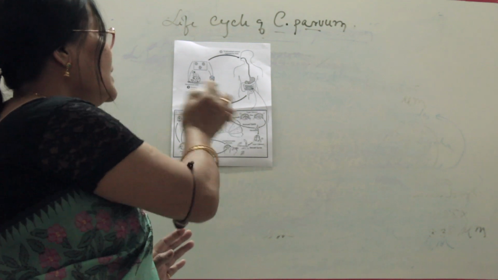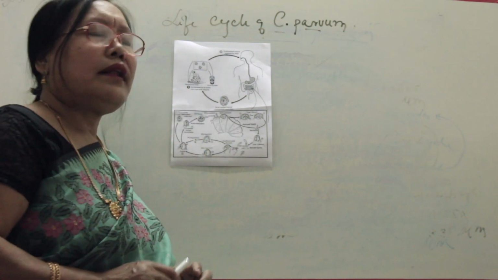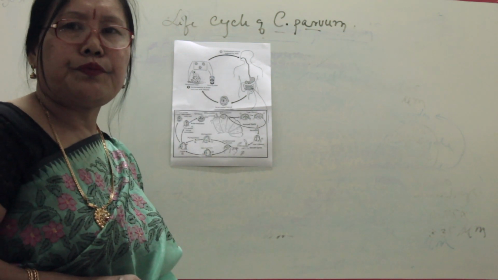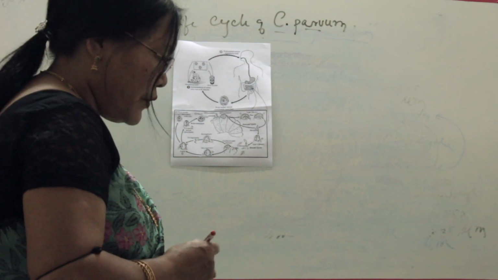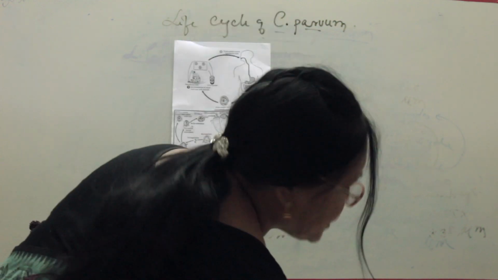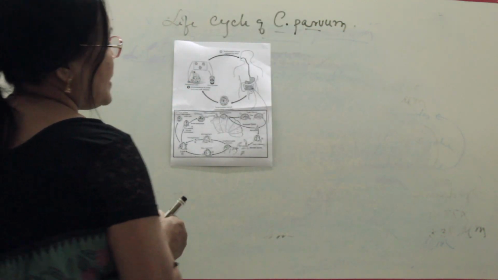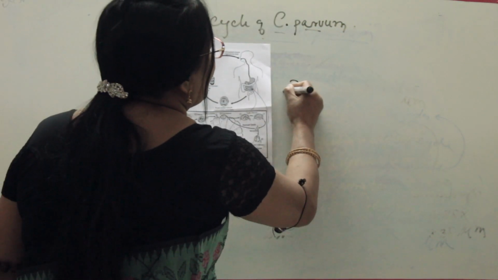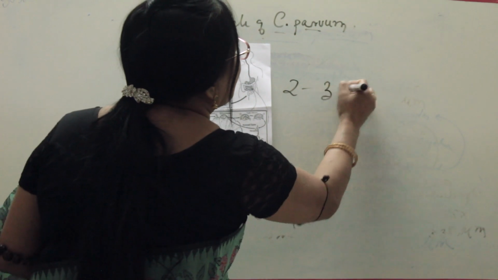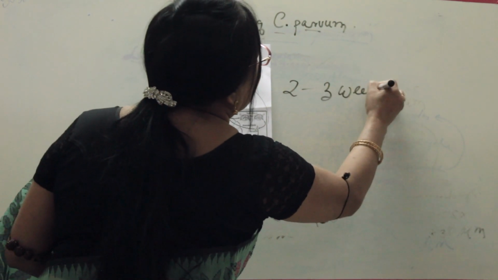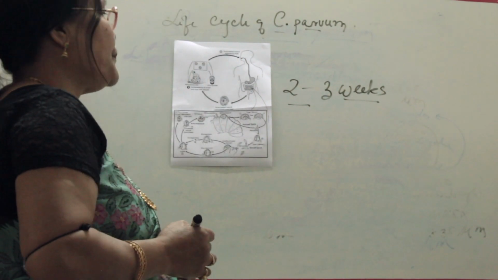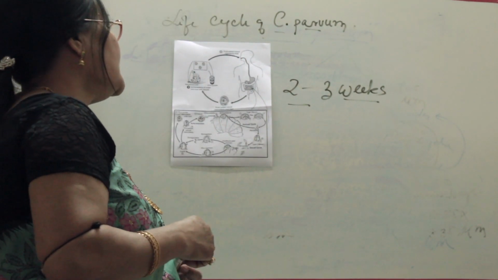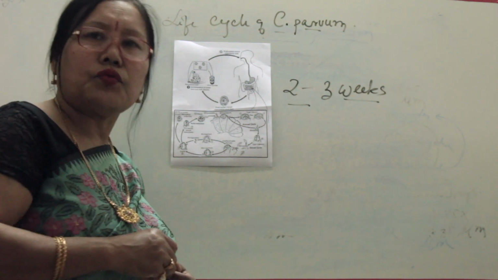So, this is all about the life cycle of Cryptosporidium parvum, and the duration of the life cycle of Cryptosporidium parvum is 2 to 3 weeks, which is counted after the ingestion of the thick wall oocyst.